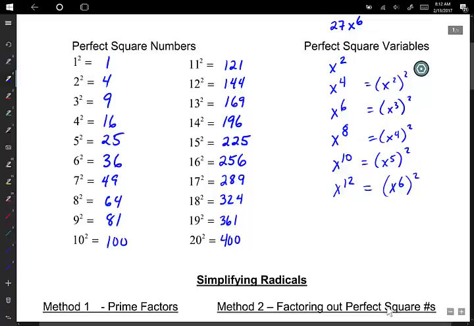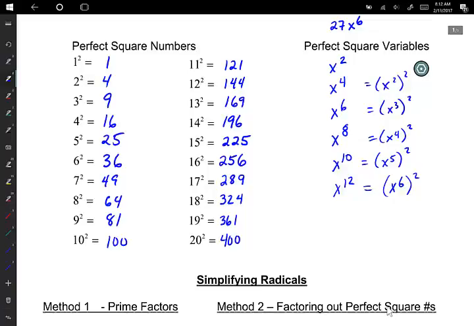So all your even exponents are perfect squares of your variables. Now, we use all these then to find and reduce our radicals.